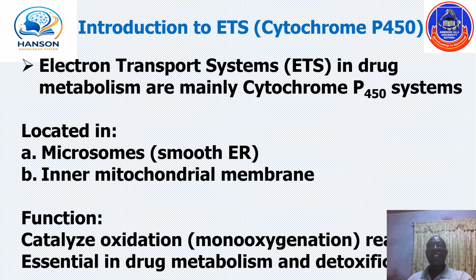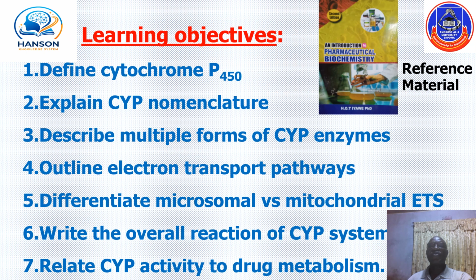The systems are located in the microsomes, that is the smooth endoplasmic reticulum, and the inner mitochondrial membrane, where they function to catalyze oxidation reactions, which are essential in drug metabolism and detoxification reactions.